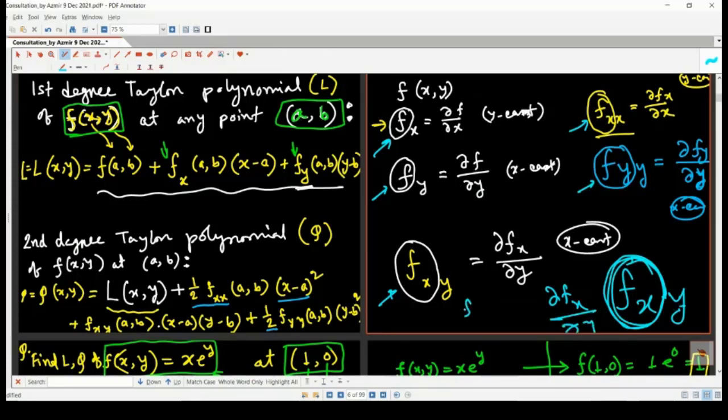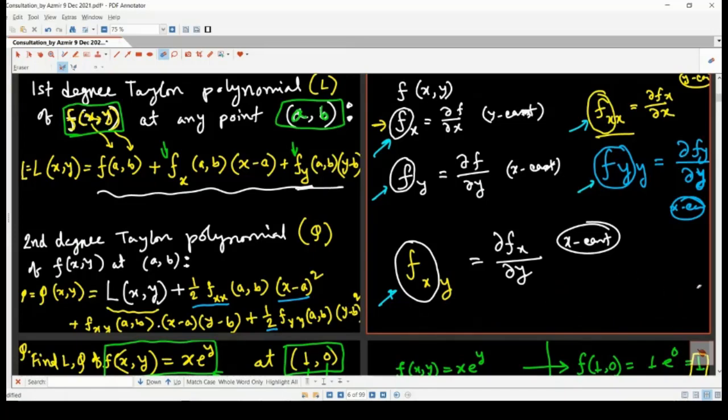Suppose you have f sub x, x, y, then what you have to do? It means you are going to differentiate f sub xx with respect to y. So always leave the last variable and give one circle mark to understand which function is to be differentiated.